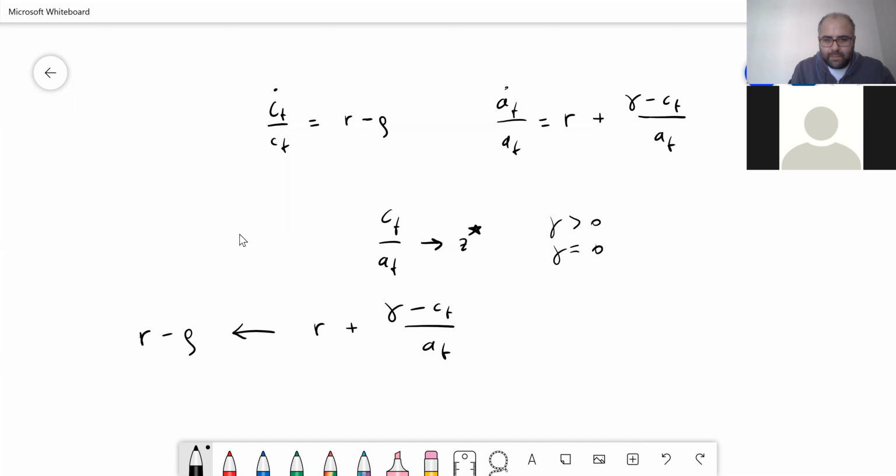In other words, gamma minus CT over AT should converge to minus rho, or you can tell me that CT minus gamma divided by AT should converge to rho.